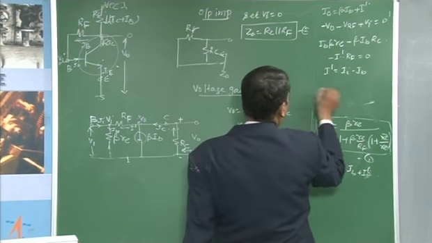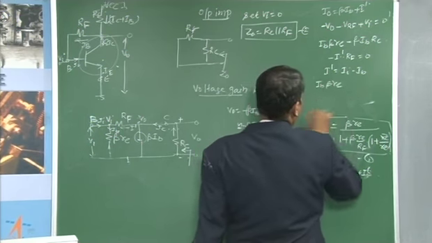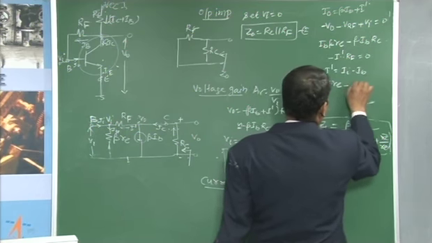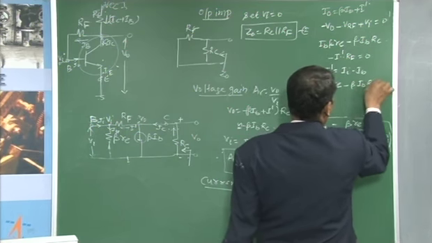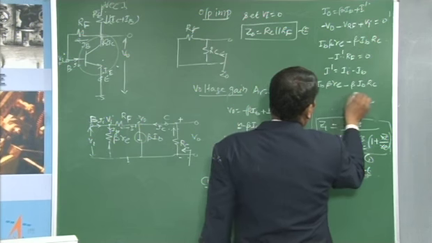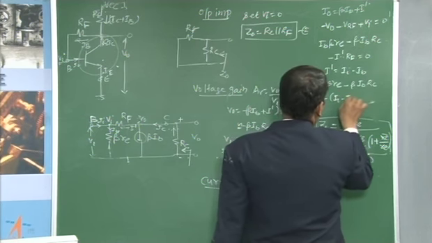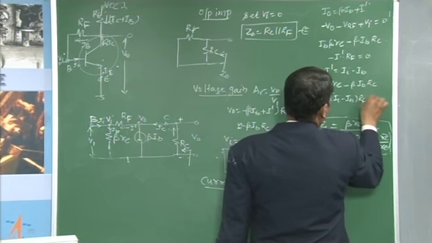Substituting this, you get IB into beta times RE minus beta times IB RC, minus (Ii minus IB) into RF, equal to 0.